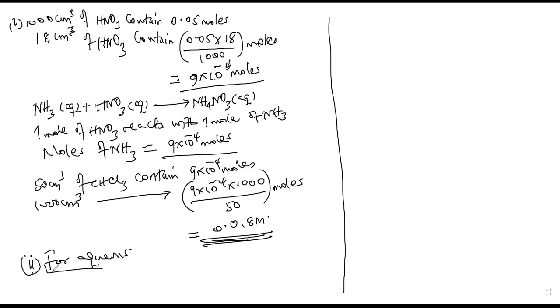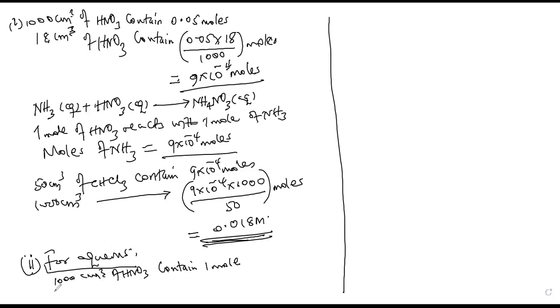For the aqueous part, they told us the aqueous layer required 27.5 cubic centimeters of 1.0 molar nitric acid. Since we have 1.0 molar nitric acid, we shall be saying that 1,000 cubic centimeters of nitric acid contain 1 mole.